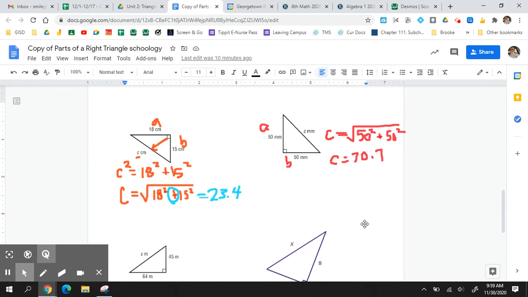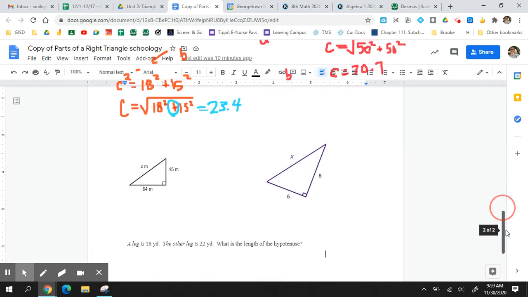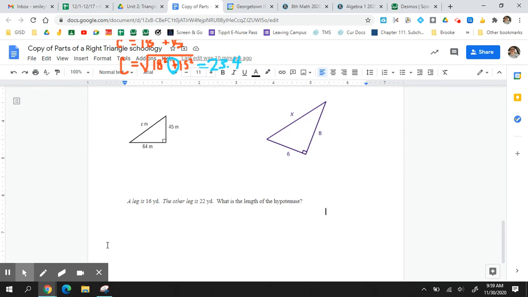Let's look down at the next couple examples. So we are solving for C still. Notice how it says we're looking for C. It's this diagonal long side. It's directly across from your right angle. So when I go to plug this in, C equals, and I have 64 squared plus 45 squared.